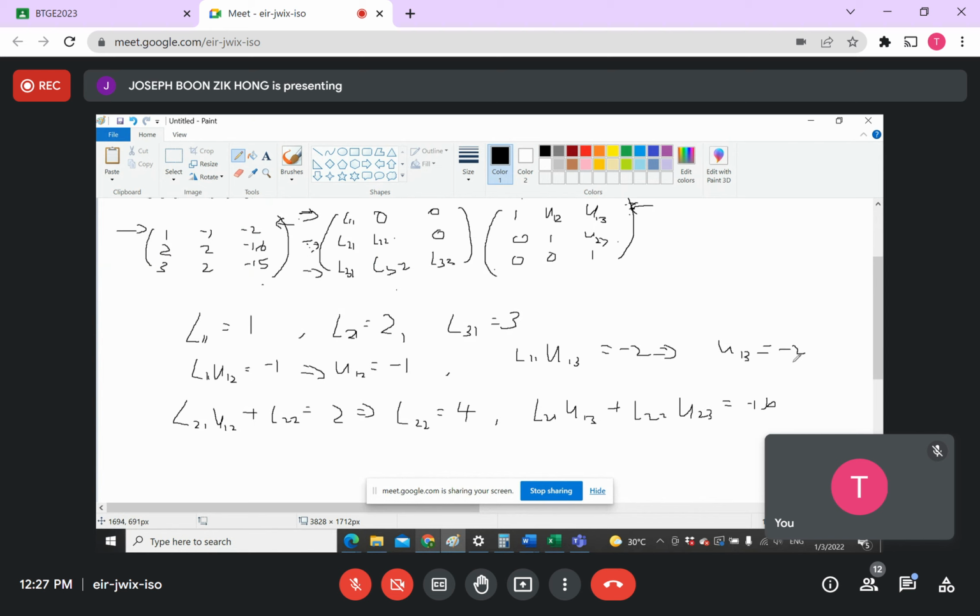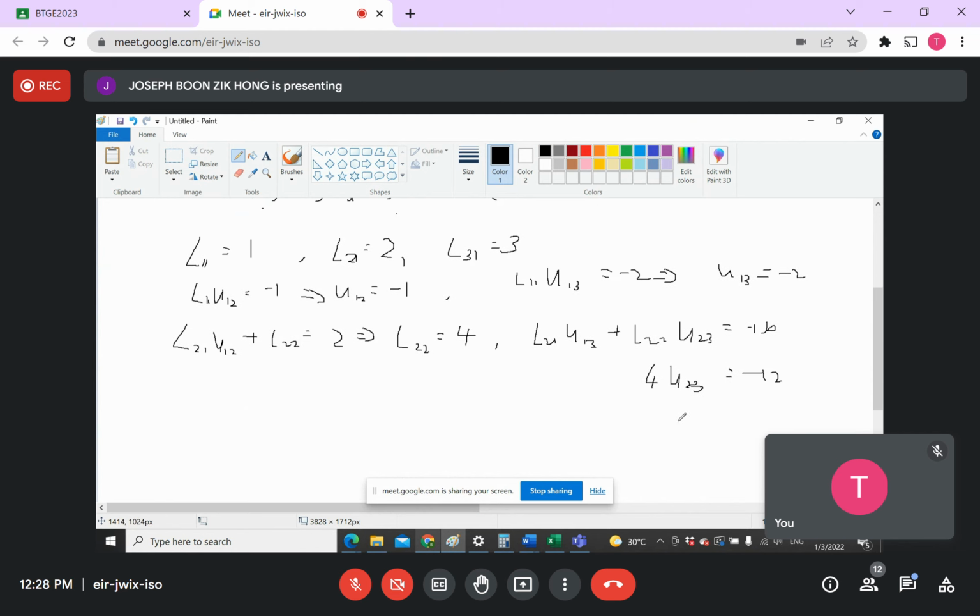L21 is 2, U13 is negative 2. So 2 times negative 2 is negative 4. Negative 4 moves to the back and becomes plus 4. Plus 4 becomes negative 12. So 4 U23 is equal to negative 12. So I know that U23 is negative 3.